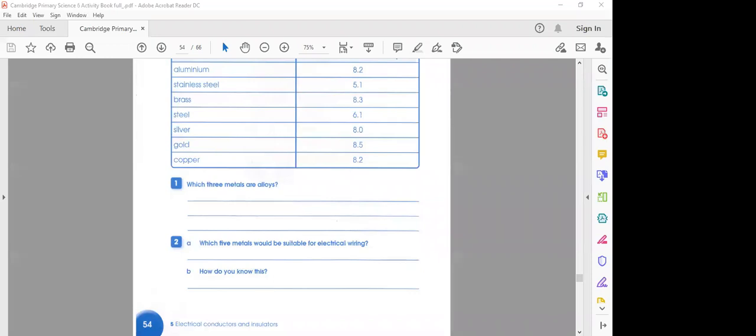Are you sure? Anything that is above 8 is considered to be a good conductor. So aluminium, brass, silver, gold, copper. Okay.